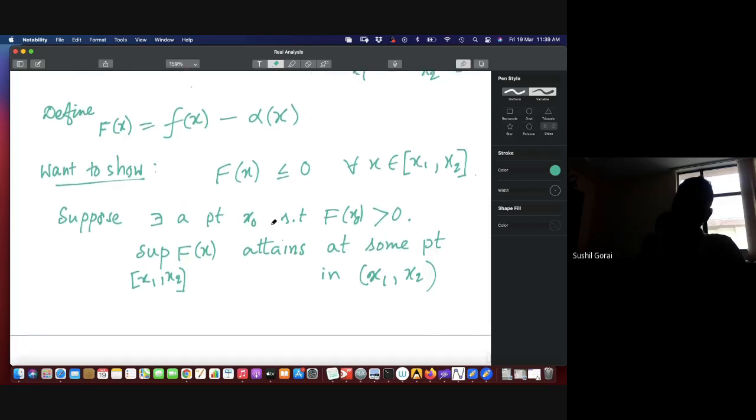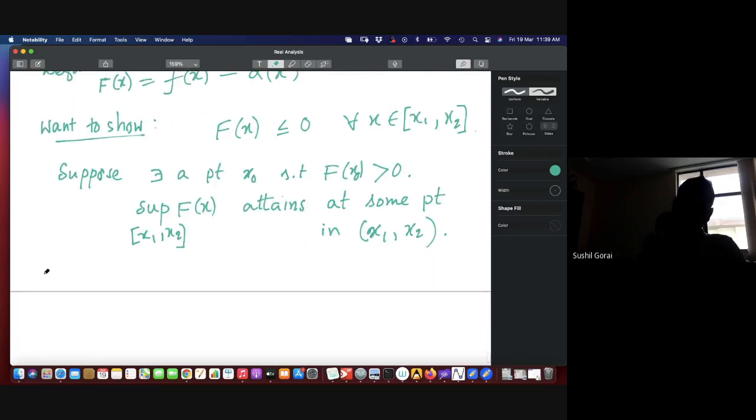So here, why is that so? Because F of x1 is f x1 minus alpha x1. So what is it?